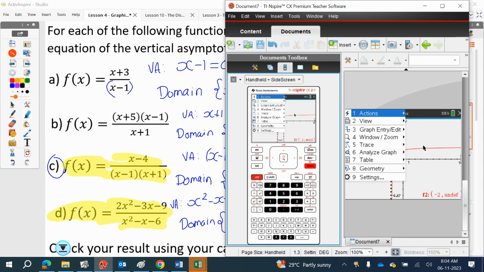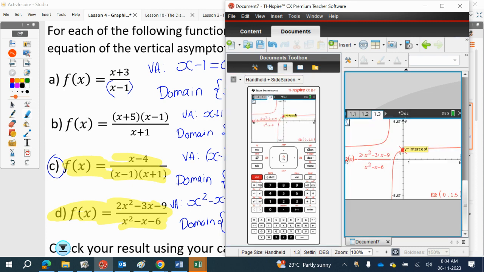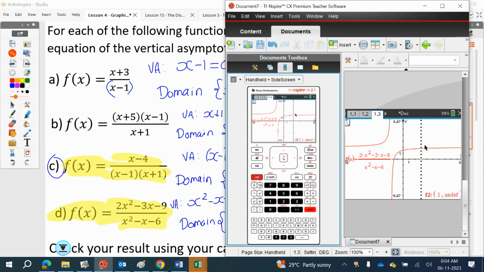What's going to happen if we try and trace it at 3? I try and trace the graph at x equals 3 now. I press enter. It's undefined at this point. Undefined, but there's no asymptote there, is there? This is not an asymptote.